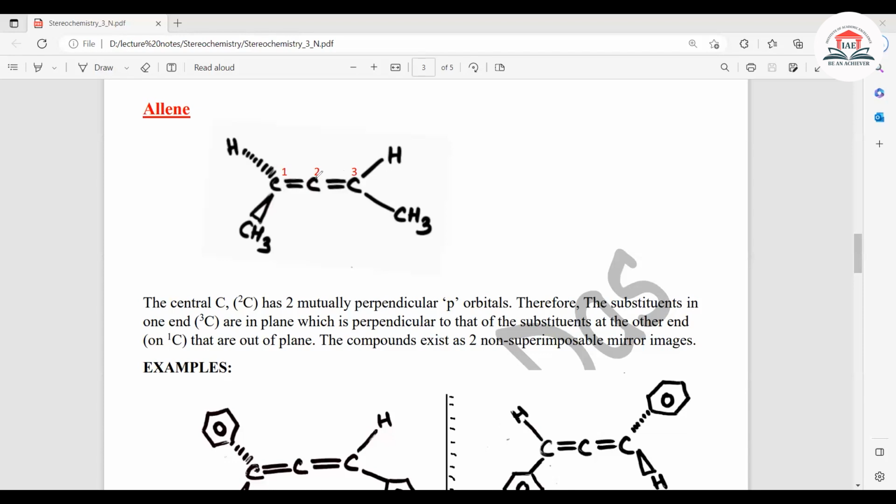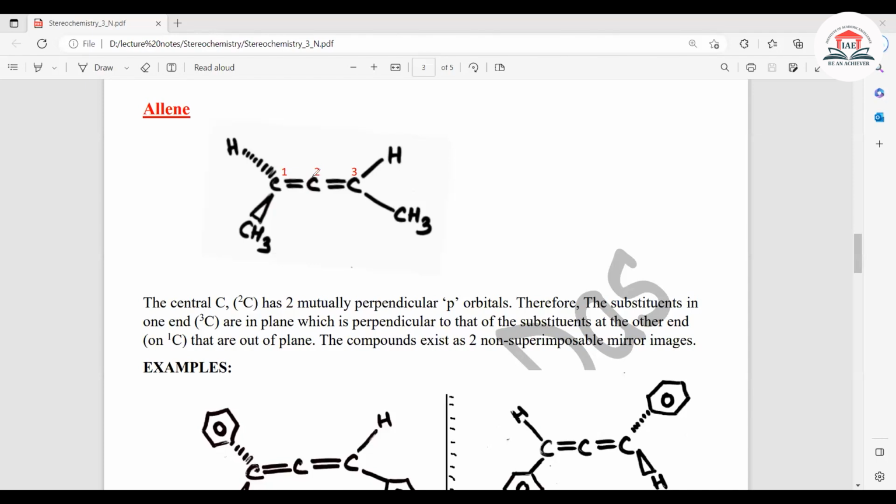So what are the different types of p orbitals? Yes, px, py, and pz. That means all three p orbitals are in different planes. So what is the angle between any two of them? 90 degrees, right? Good.